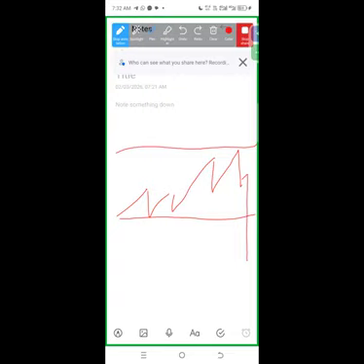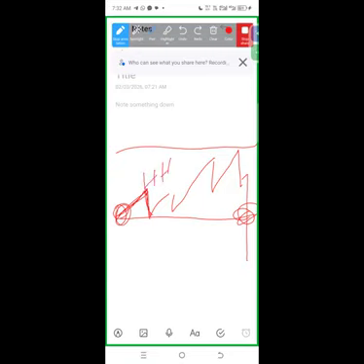So the chart is such that we read it from left to right. So these are left hand side, these are right hand side. Now, having this chart here, we can clearly see that over here, the price moved from this place to this place. So this is a higher high.